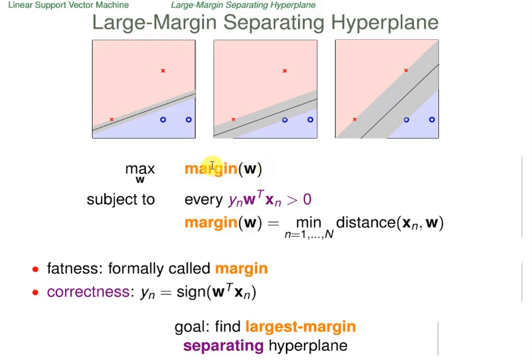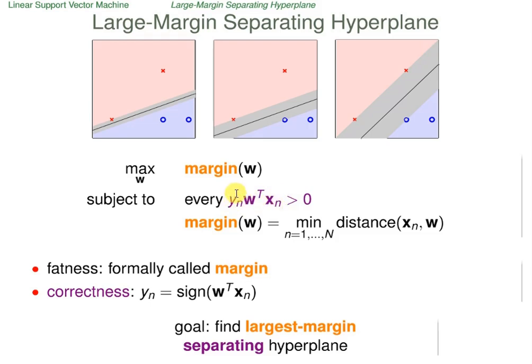One more time, let me re-emphasize that we want to find this hypothesis with the maximum margin, subject to all points being correctly classified. Now, in this case, we represent correct classification as y_n w^T x_n greater than 0, which ensures the correctness of the current hypothesis in classifying this example, this point.